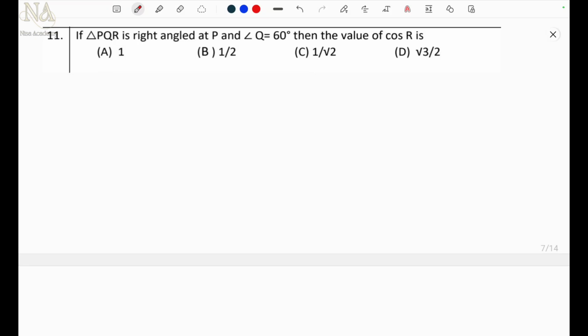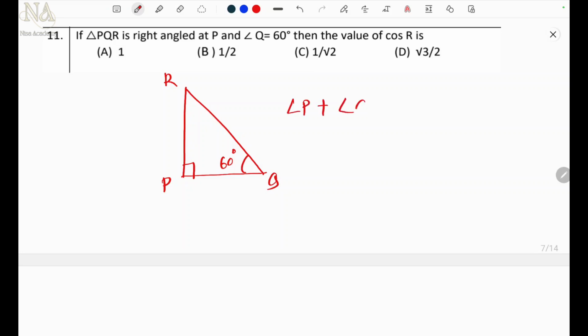Next problem. If triangle PQR is right angled at P and Q equal to 60 degrees, then the value of cos R is. So triangle PQR, right angled at P, so P is 90, Q is given as 60, and we have to find the value of cos R. The sum of the angles of a triangle is 180.